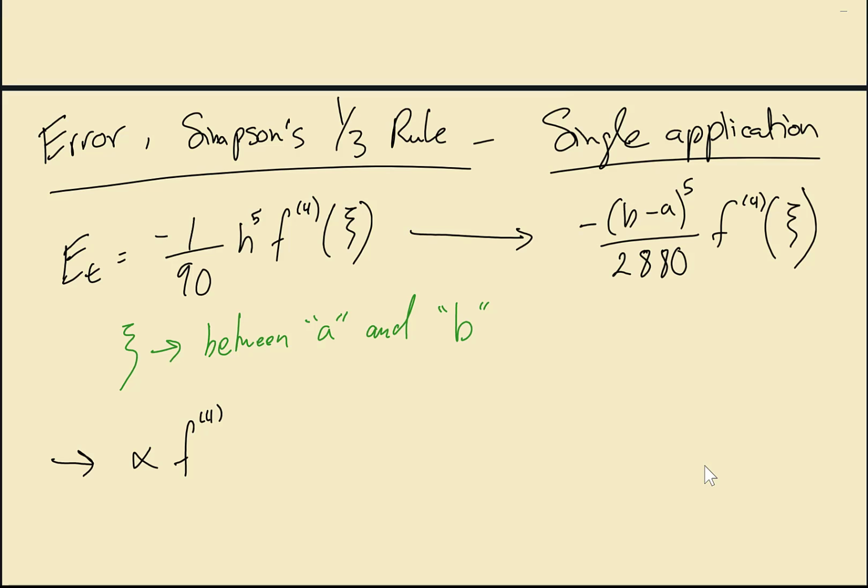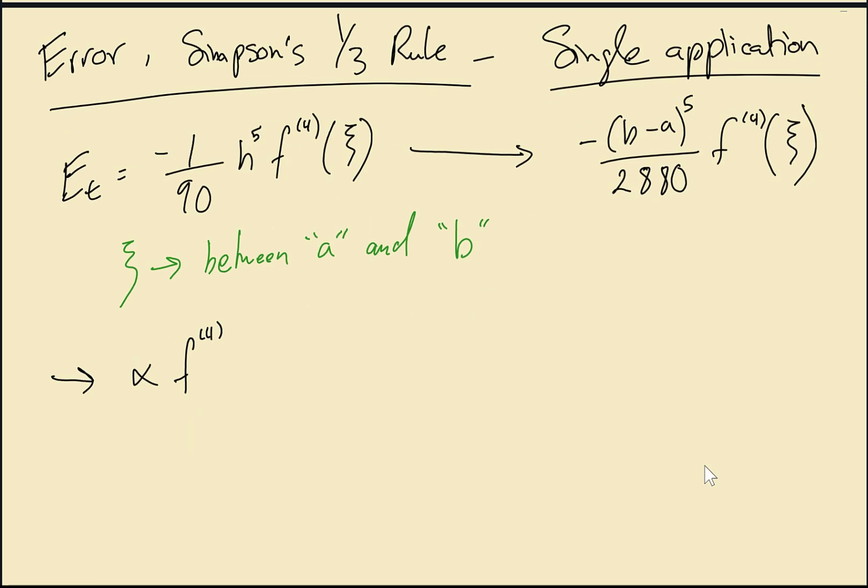So when is the fourth derivative equal to 0? Right. When I have a third order polynomial, then my fourth derivative would be 0. So essentially, this method is third order accurate, because the error is proportional to the fourth derivative.